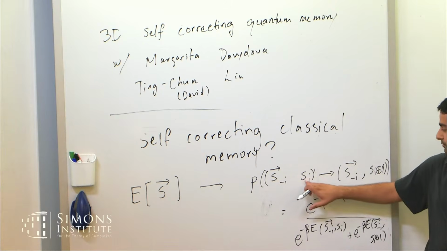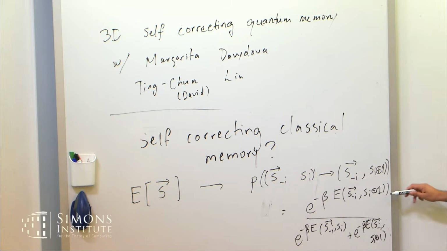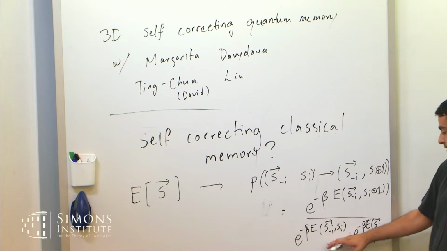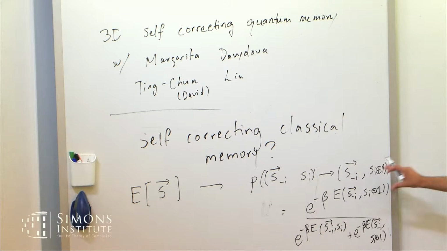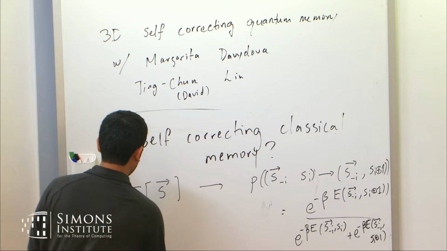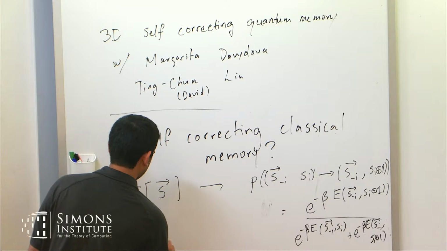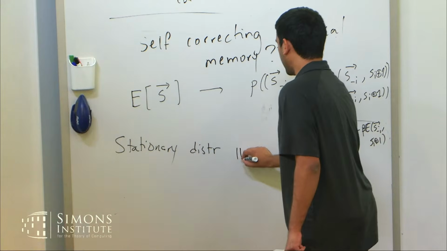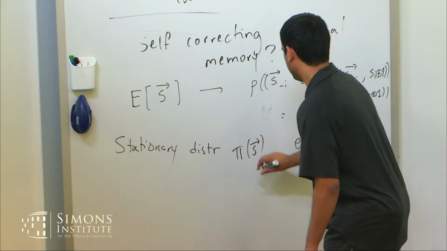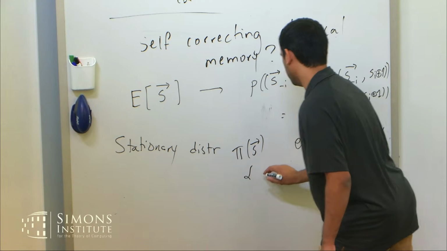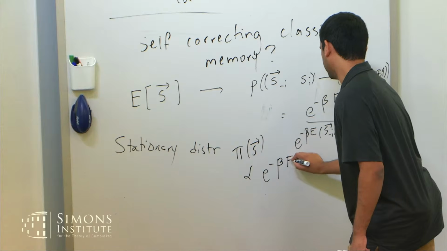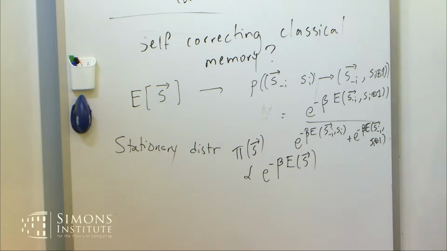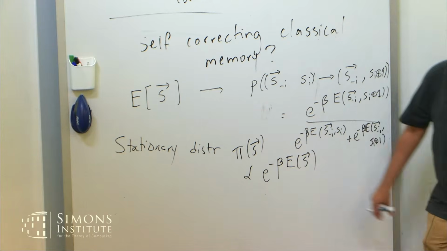It tells you if I want to flip this spin, the probability of flipping the spin depends on the relative energy of the configuration after flipping the spin over the total sum of the Boltzmann weights corresponding to before and after. This Markov chain is defined in such a way that there is a stationary distribution, pi, which is proportional to e to the minus beta E of S. This is just called the Gibbs distribution or Boltzmann distribution.